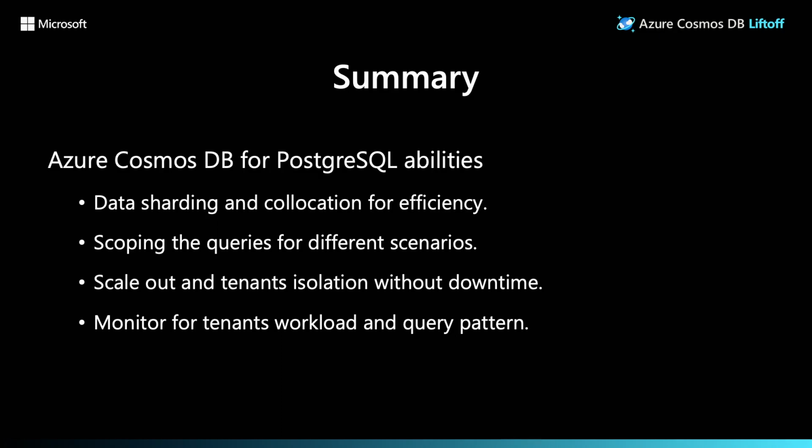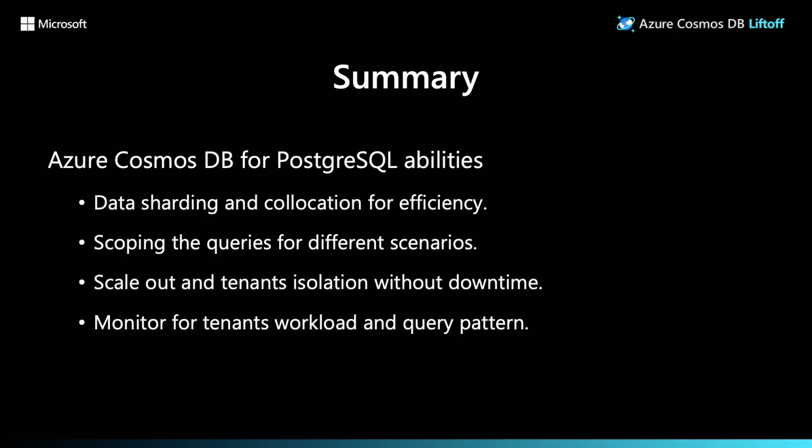So let us summarize what we discussed in our current session. We learned about capabilities offered by Azure Cosmos DB for PostgreSQL in the current session. We looked at data sharding and how it helps in co-locating the data, which further helps in improving performance.